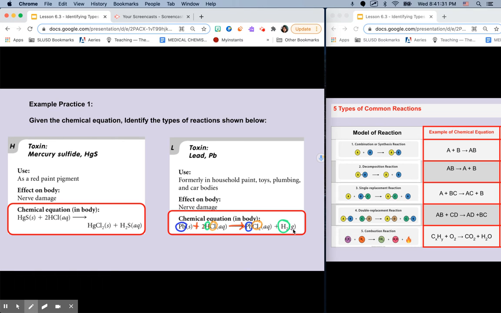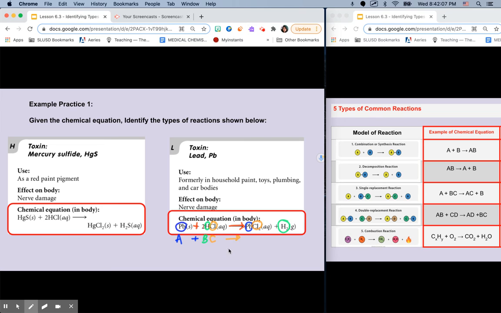So in this case, because I have a single element each time, I'm looking at a single replacement reaction, right? So the single element that starts out here is A, right? So Pb represents A, plus H is my letter B. B is with this element Cl, which is represented by C, right?